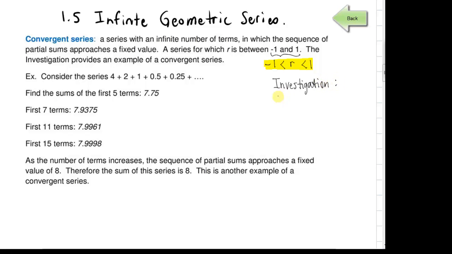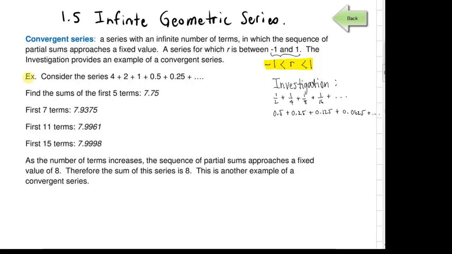You should have gotten a series of 1/2 plus 1/4 plus 1/8 plus 1/16 and so on, which would give you 0.5 plus 0.25 plus 0.125 plus 0.0625, and the sums would go on forever.